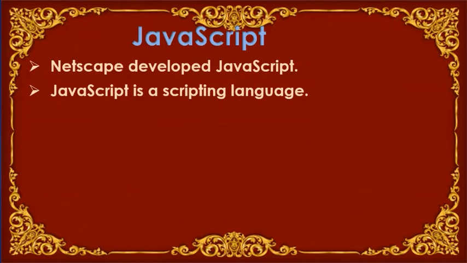JavaScript is a scripting language. A scripting language is a simple, lightweight programming language that does not contain the advanced programming functionalities like C and Java.